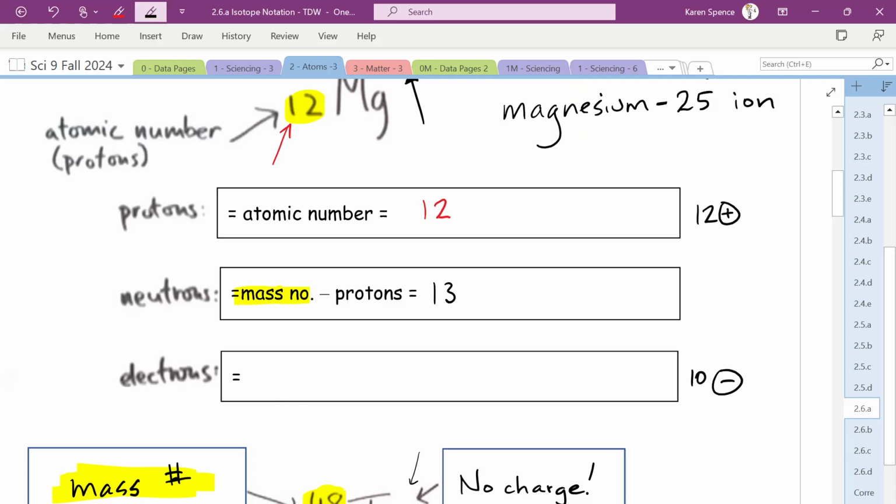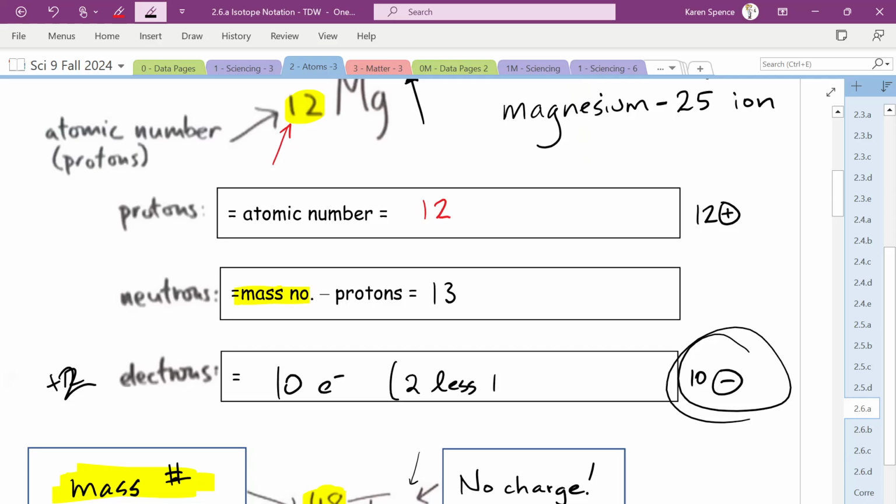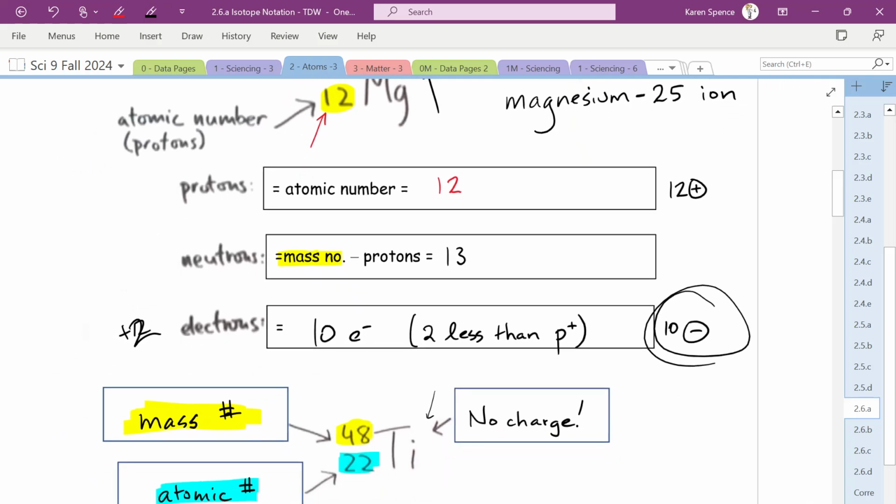In order to get a charge of +2, how many electrons did we need? We needed 10 electrons, 2 less than the protons. That gives us a 2 positive charge.